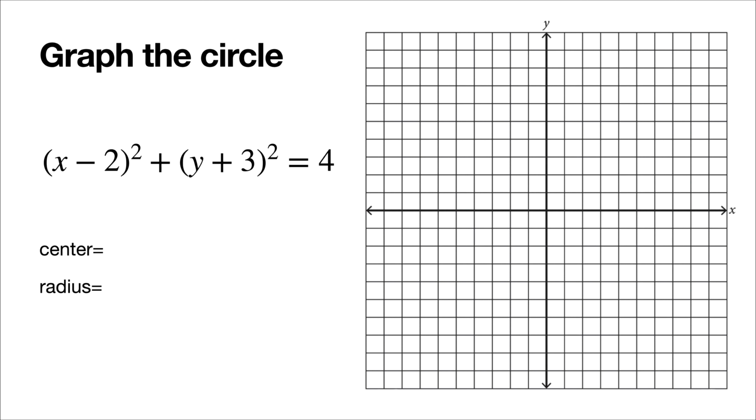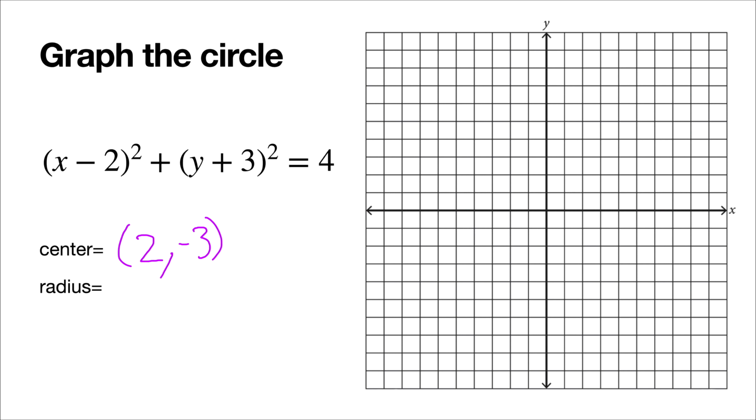So there we go. Let's try this again. In this case, I'm actually going to graph the circle. What I need to do first is know my center. My center in this case is, x minus 2, so that's positive 2, and y plus 3, that's actually a negative 3. So remember, it's the opposite. If we have a minus 2, it becomes positive 2. A plus 3 becomes negative 3.